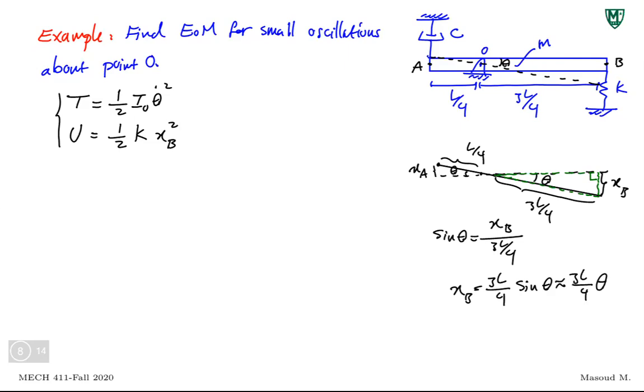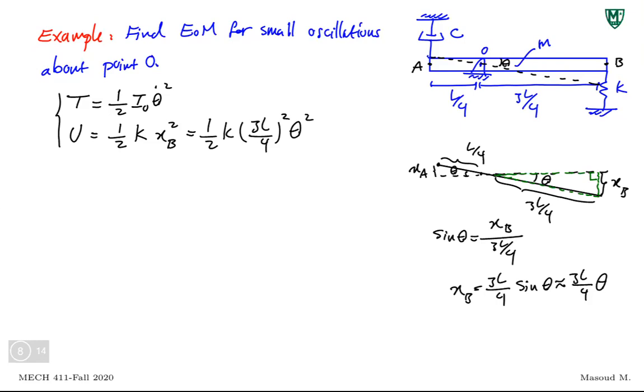So I can write this as 1/2 K (3L/4) squared theta squared. Right? I write this. Now I have two things. Both of these sources are written as a function of theta.